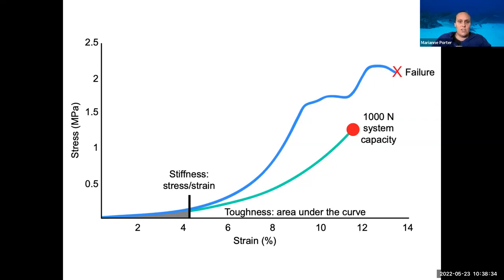So we were able to really focus. In particular, I was interested in about 4% strain because that was values that I had measured in vivo. And so I was really wondering what was happening to the vertebrae and how they were working there. So what we were able to do is start working and not testing all the way out here to failure, but just working within this sort of pre-yield zone.